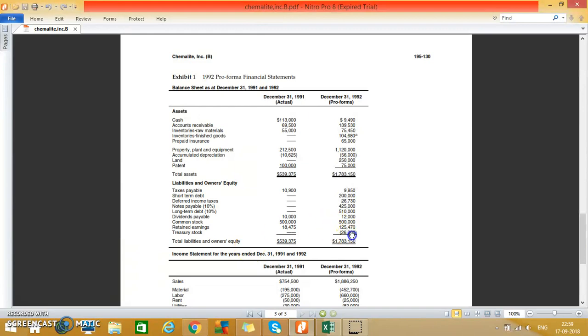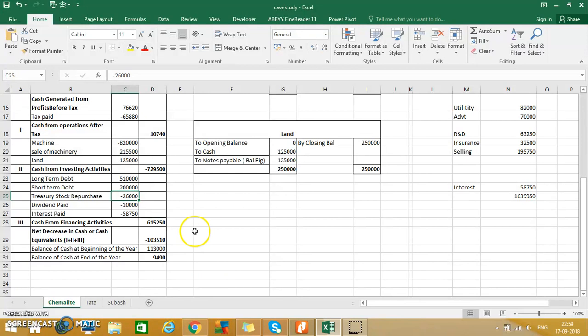Treasury stock, 26,000. So what happens here? The money is flowing out of the organization.